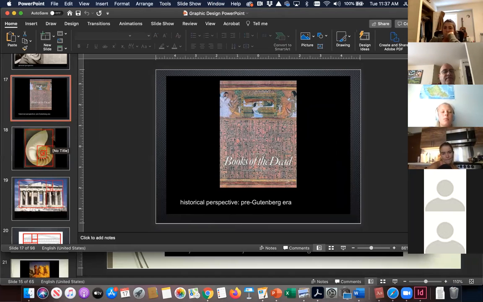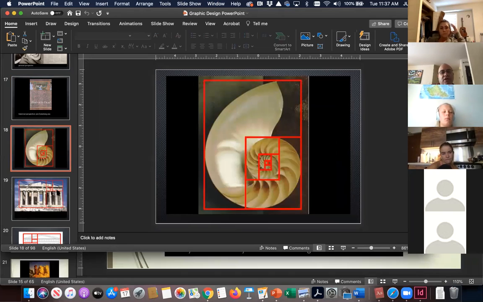And then you guys know about the golden ratio, or what is this called? Fibonacci's triangle or something. What is it called?